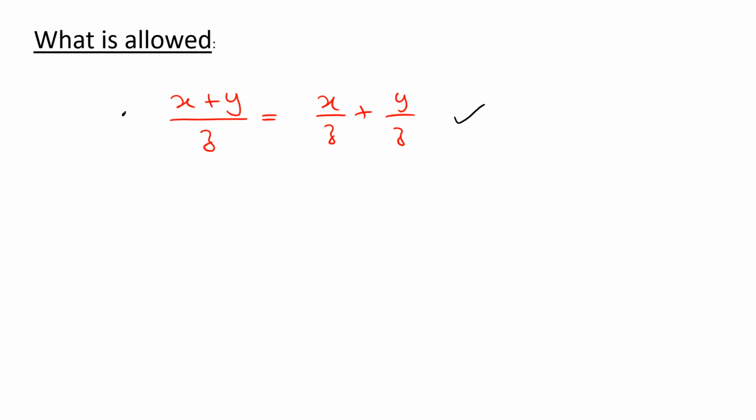If you write something with numbers, for example, 2 plus 7 over 3, you can write this as 2 over 3 plus 7 over 3. So this is valid. You can split the numerator but not the denominator. So that's the third common mistake students make. Let's look at the next one.